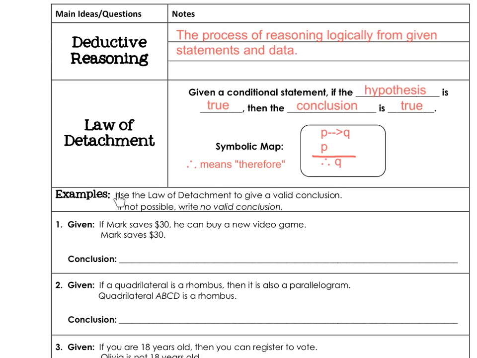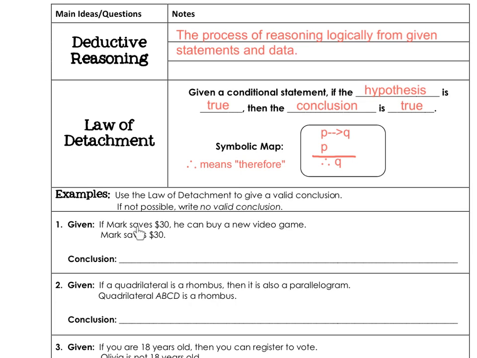Okay, so let's look at the example, and that will help us a little bit more to understand the law of detachment. So we've been given this statement. If Mark saves $30, then he can buy a new video game. So we have this conditional statement here. So Mark saves $30 is the hypothesis. He can buy a new video game is the conclusion.